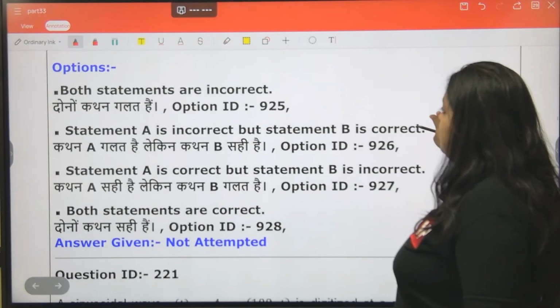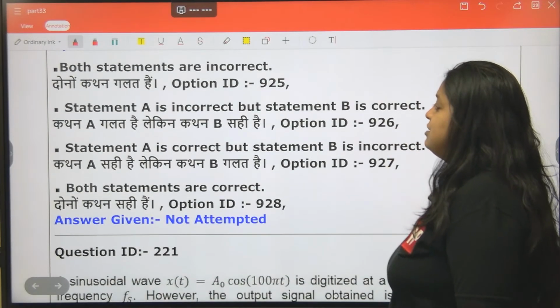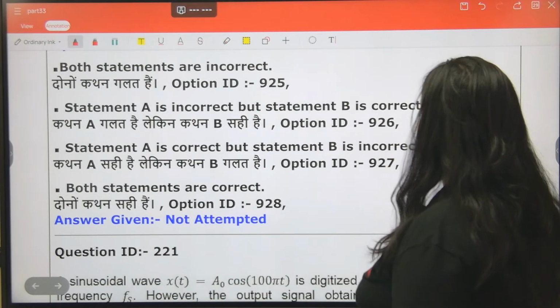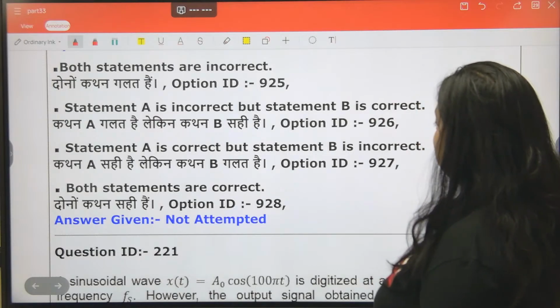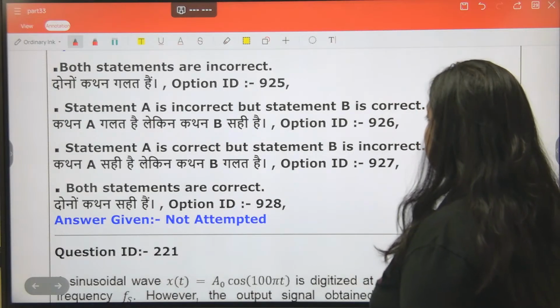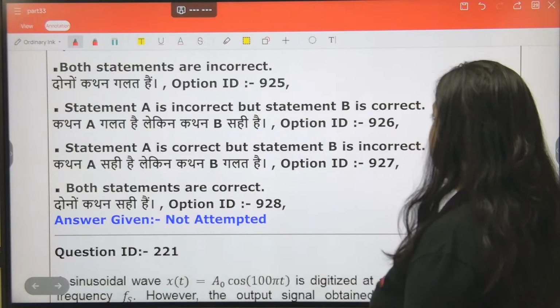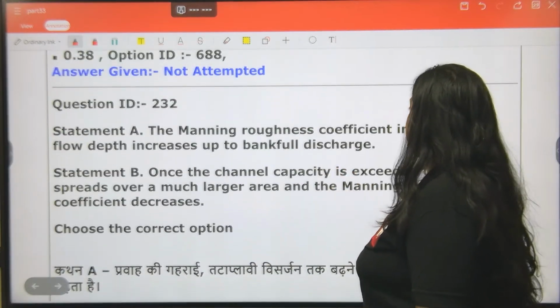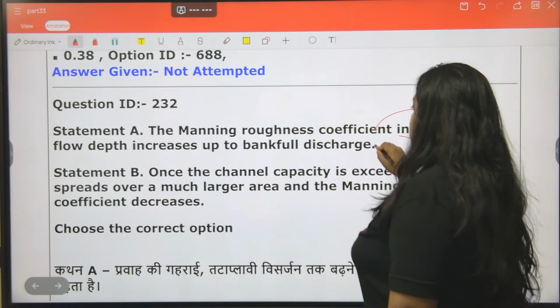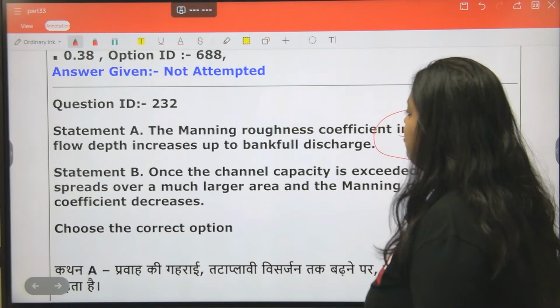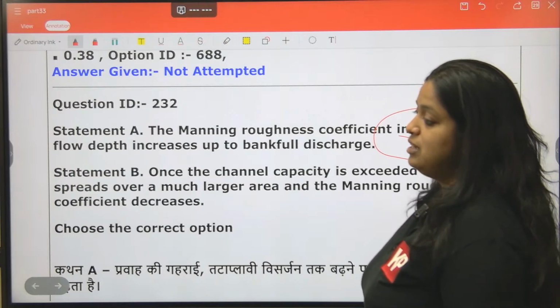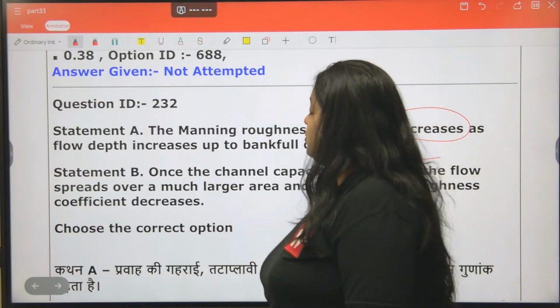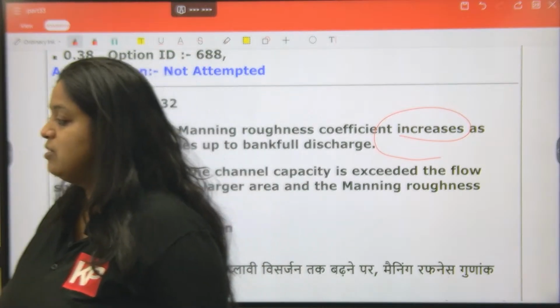The options are: both statements are incorrect; statement A is incorrect but statement B is correct; statement A is correct but statement B is incorrect; both statements are correct. These are the four options. Let's go back to the statement once. Manning's roughness coefficient decreases as the flow depth increases. It is not directly proportional, it is inversely proportional.